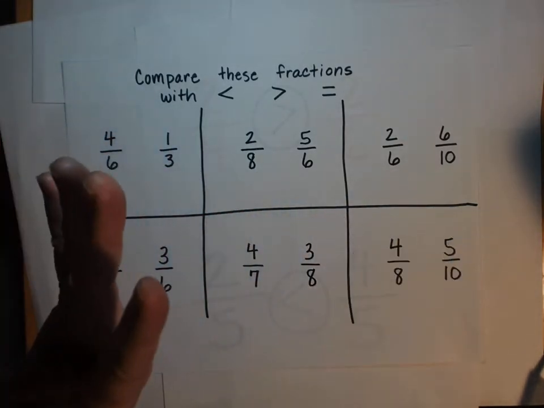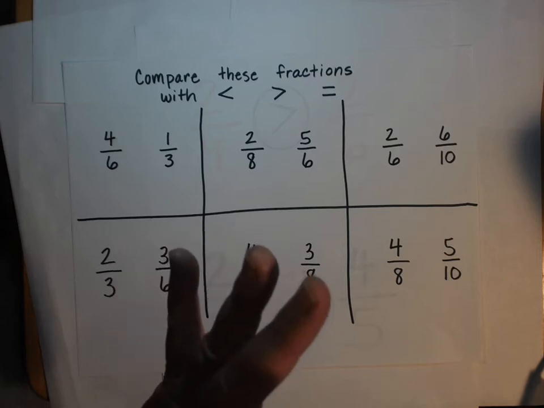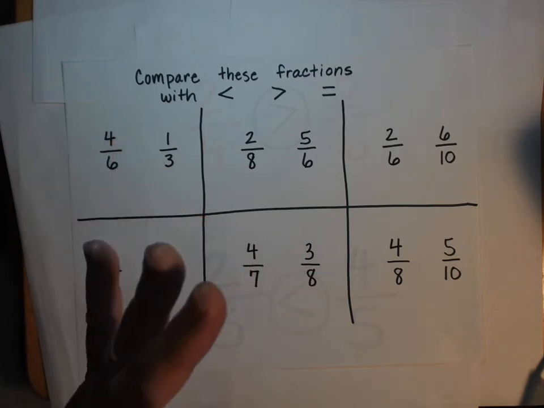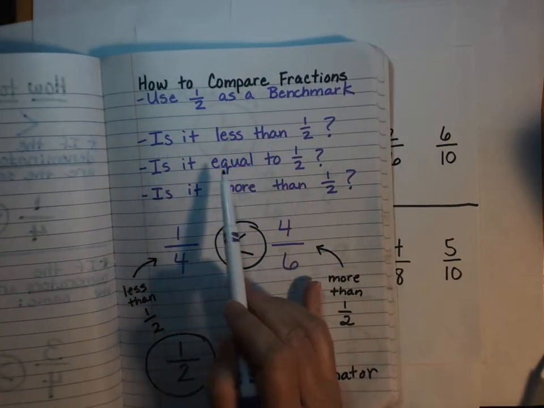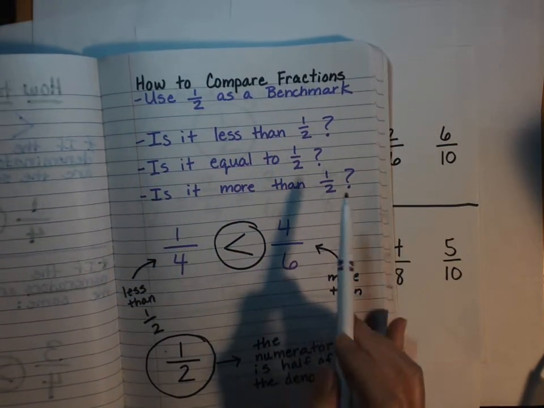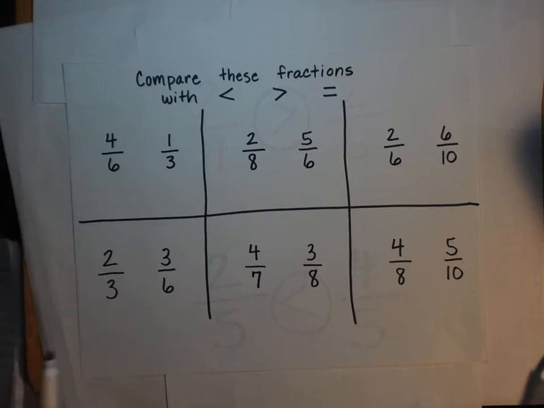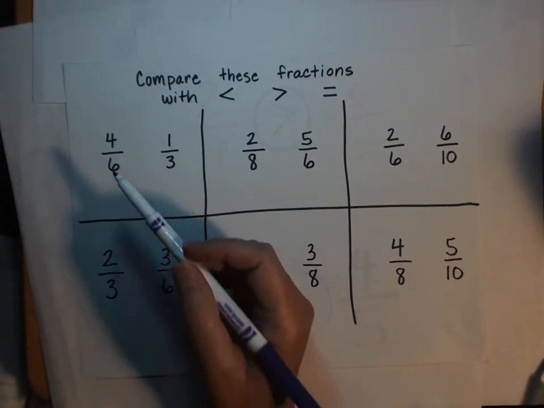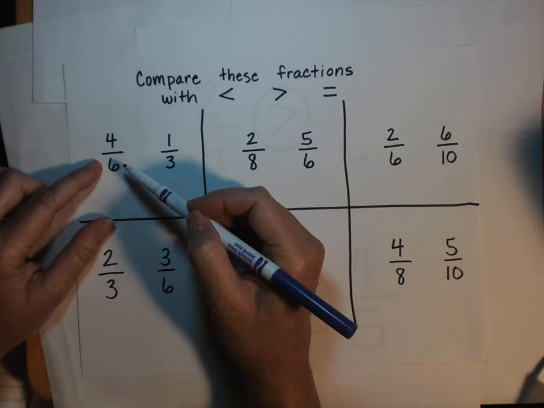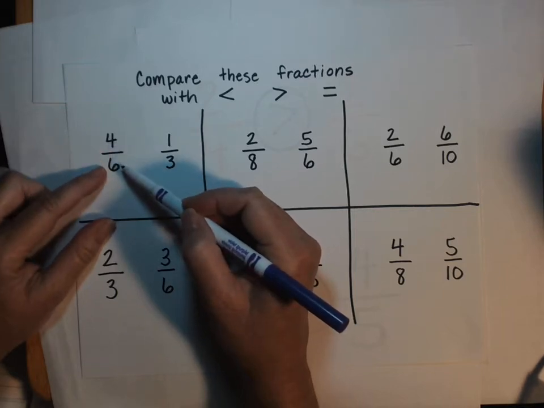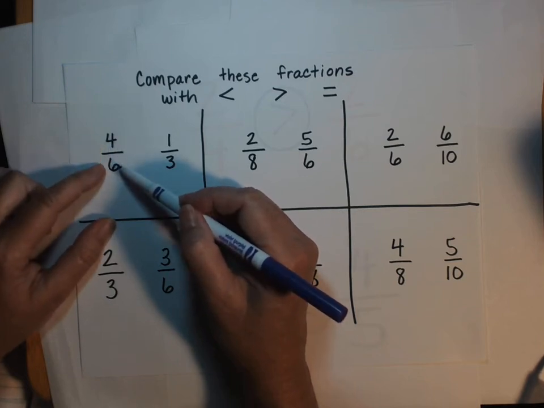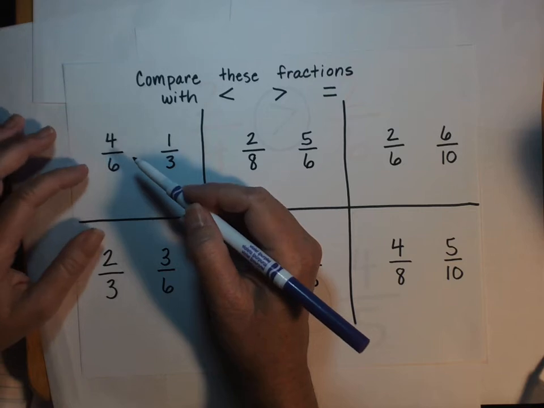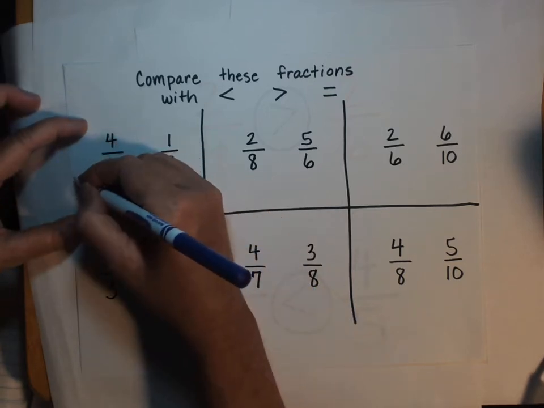So I'm going to use my technique of thinking of each one. Is it less than a half, equal to a half, or more than a half? Okay, so 4/6, our half, 1/2, if we're talking about sixths, would be 3/6. 3 is 1/2 of 6, so 3/6 is 1/2.